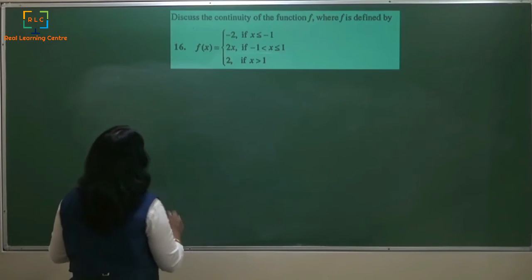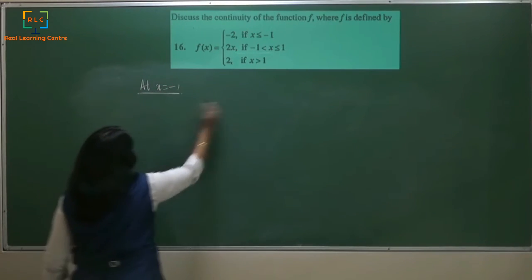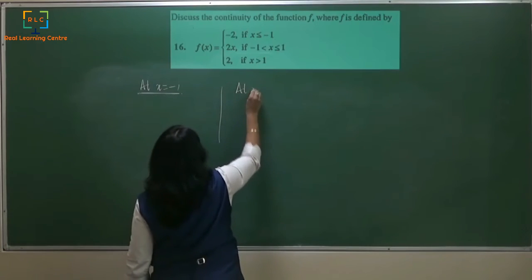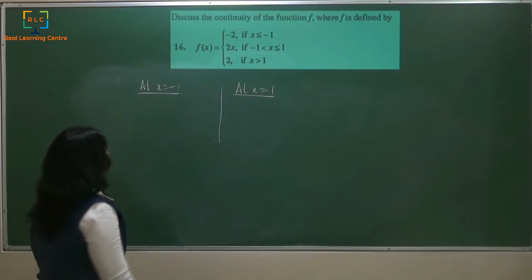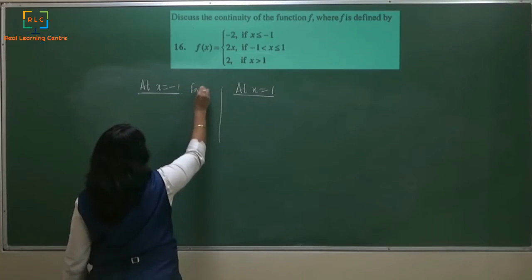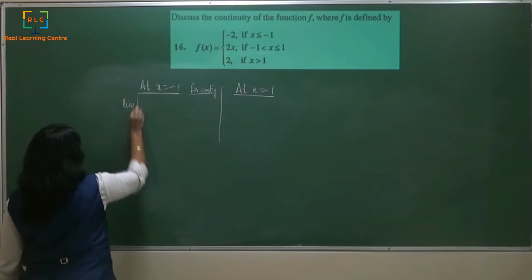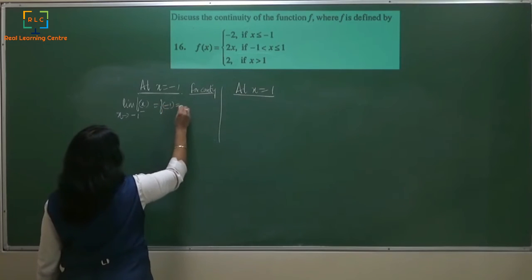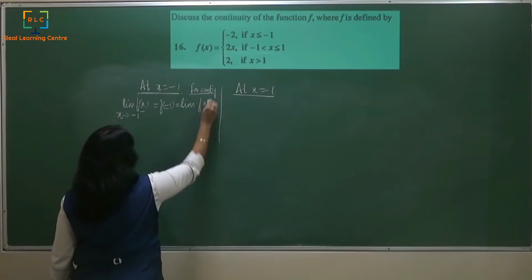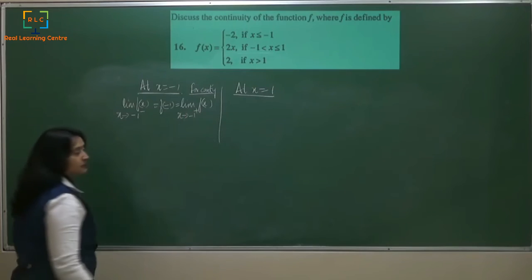Now when you want to write it, break up your page and do x equal to minus 1 and x equal to 1 directly. And we say for continuity, limit of f of x as x tends to minus 1 minus is equal to f of minus 1 is equal to limit of f of x as x tends to minus 1 plus.